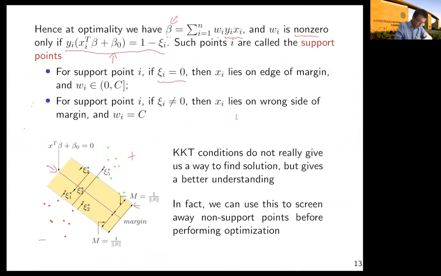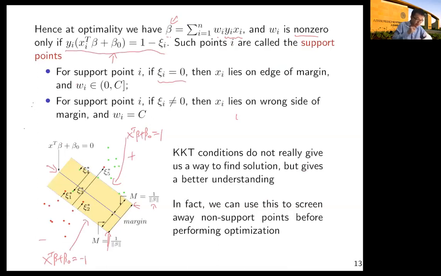So these two lines are the margin. If you shift the decision boundary a little bit in one direction by a distance of 1 over beta's norm, that's given by x transpose beta plus beta 0 equal to 1, and x transpose beta plus beta 0 equal to -1.